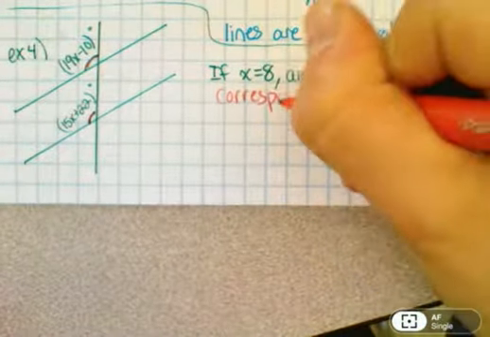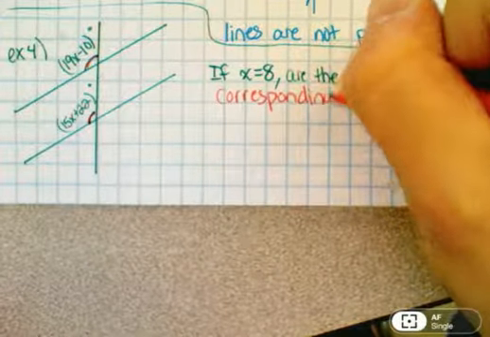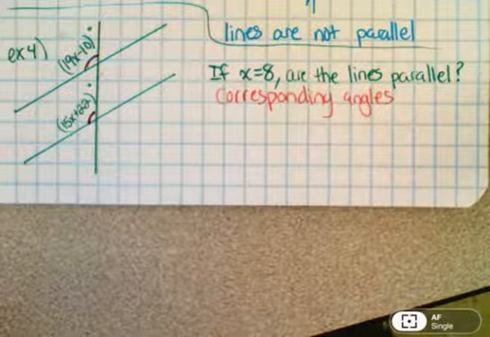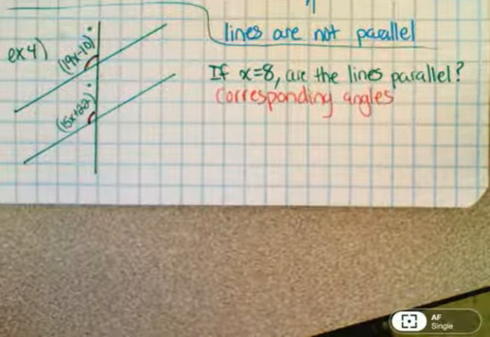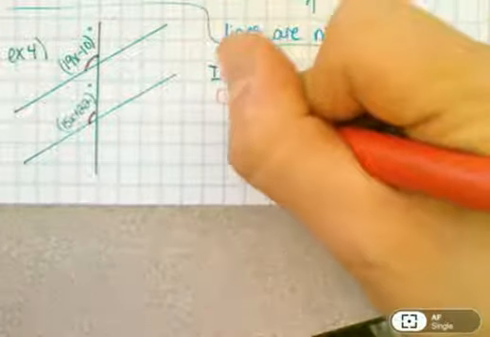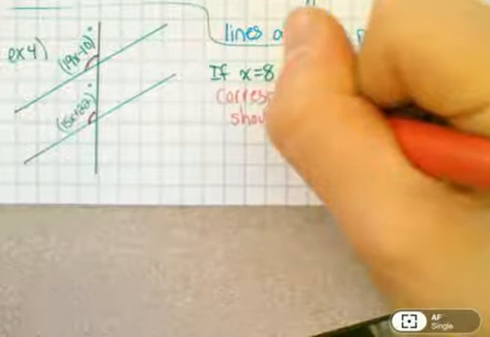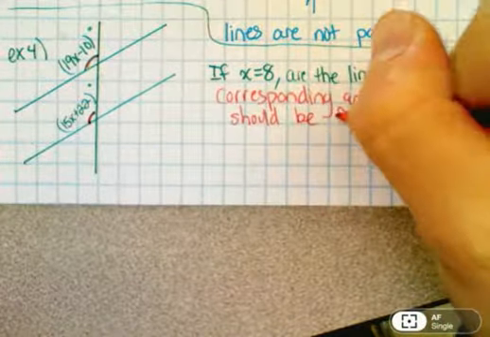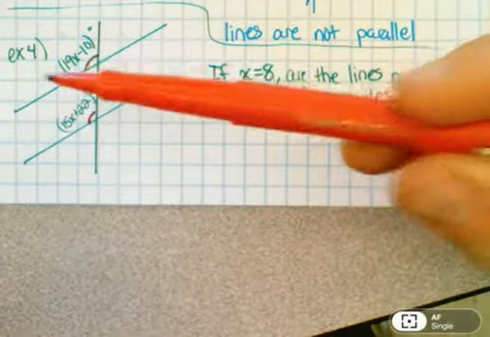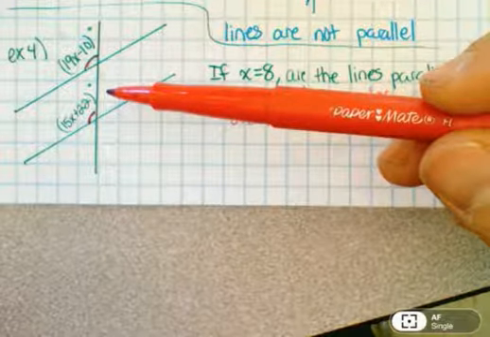Hopefully you remember that these are called corresponding angles. And corresponding angles should be, we need to decide, should they be supplementary or should they be congruent? And in this case, corresponding angles should be congruent.